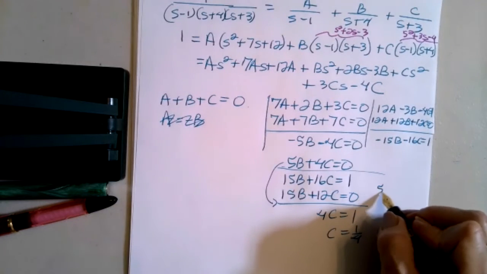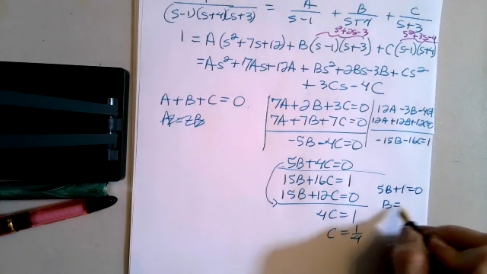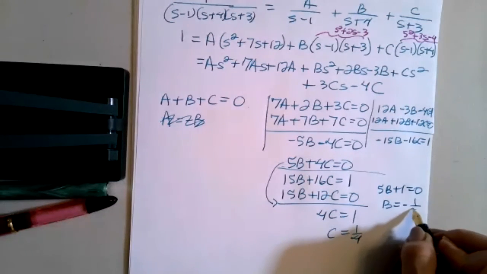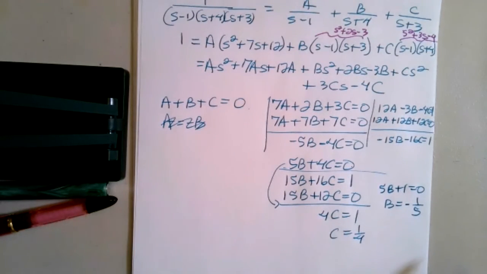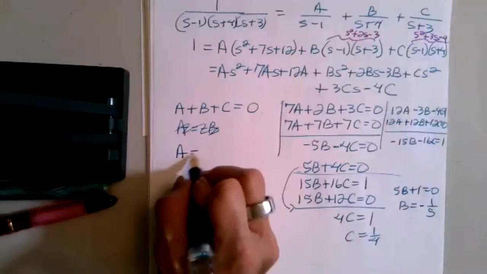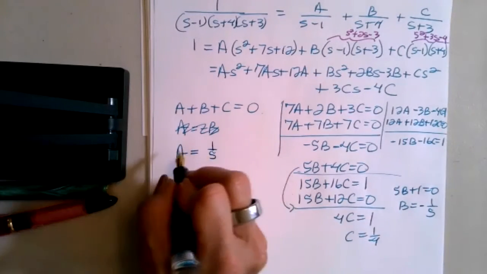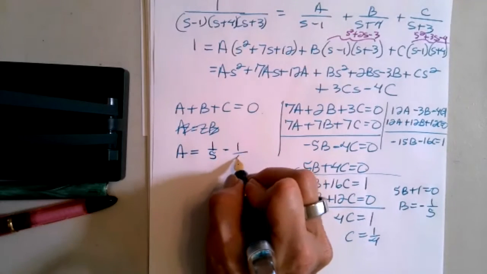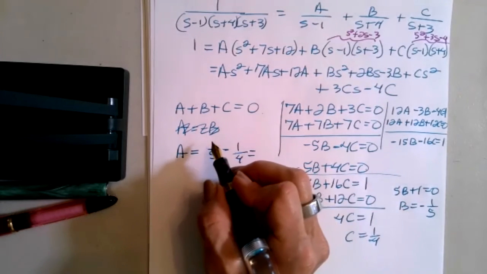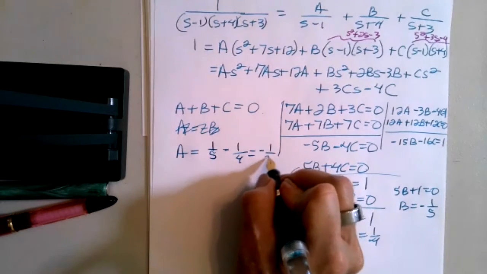So you get 5B plus 1 equals 0, so B is minus 1/5. Okay, so A is minus B minus C. So that is 4/20 minus 5/20, so that is minus 1/20.